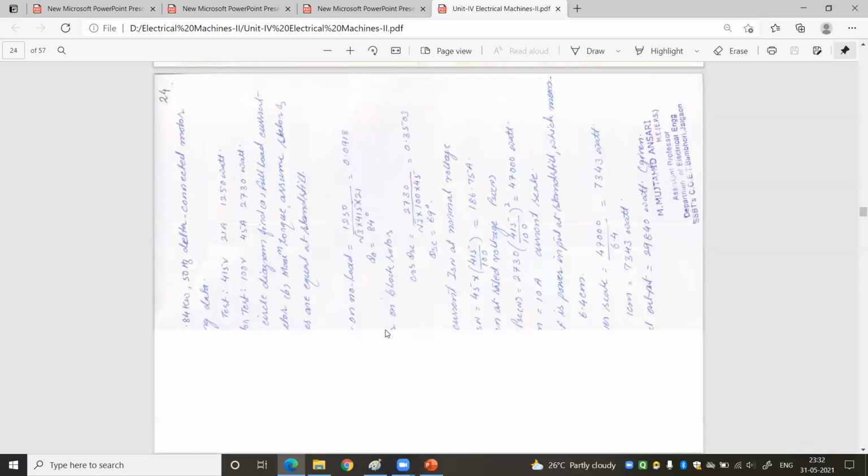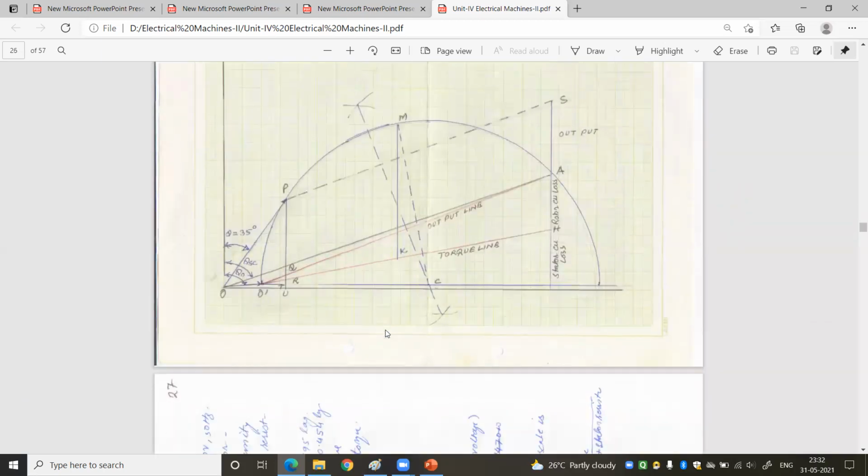Say in the second such type of numerical, here the output is given. The rest of the circle diagram is as it is; only the output power is given, which is converted into centimeter. Say A to S is the output of the motor from the nameplate. Now draw the parallel line to the output line. The intersection of this line with the circle is at point P. So P is the operating point for calculation of losses in the motor, and O to P is the full load.